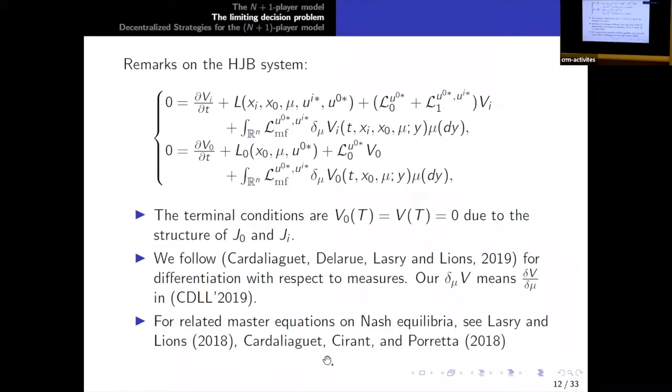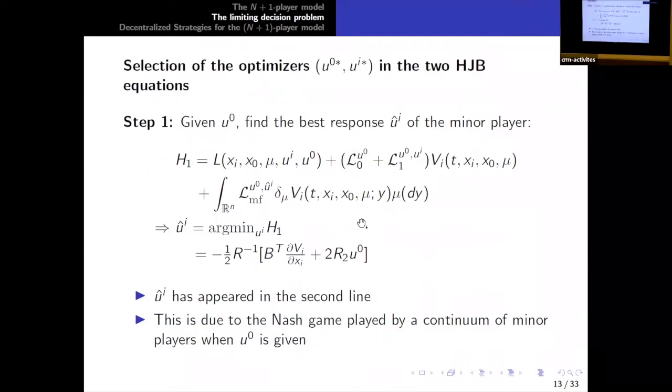But this paper is more general. They can deal with nonlinearity, general, not necessarily linear, not necessarily quadratic cost. So we want to get the leadership for the major player. Let's check how we can implement the idea of the leadership.